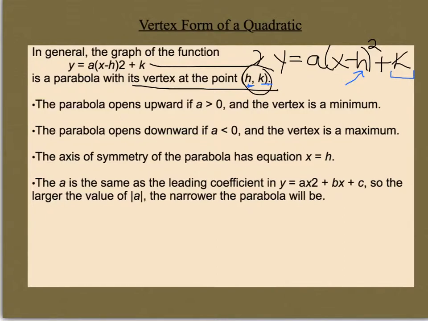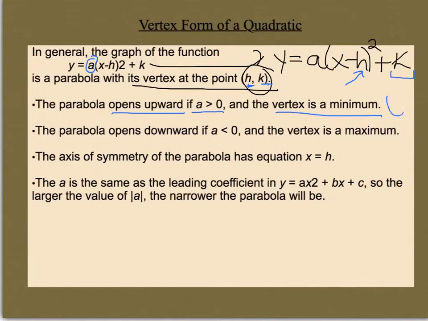Now we talked about the vertex last week, about the vertex being a maximum or minimum depending on whether the parabola opens upward. We talked about the lead coefficient out in front of the x squared term, determining whether the graph opens up or down. If a was positive, or greater than 0, then the vertex is a minimum and the graph opens upward.